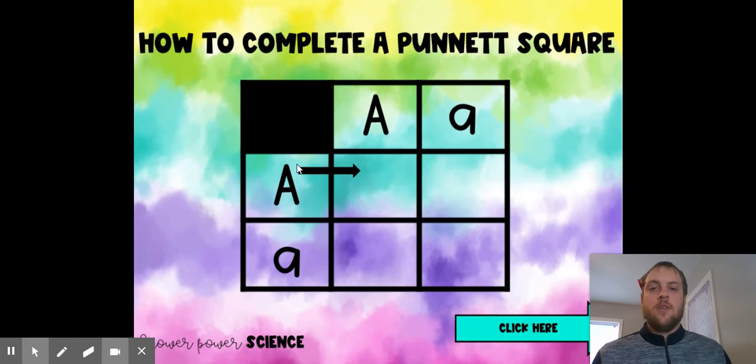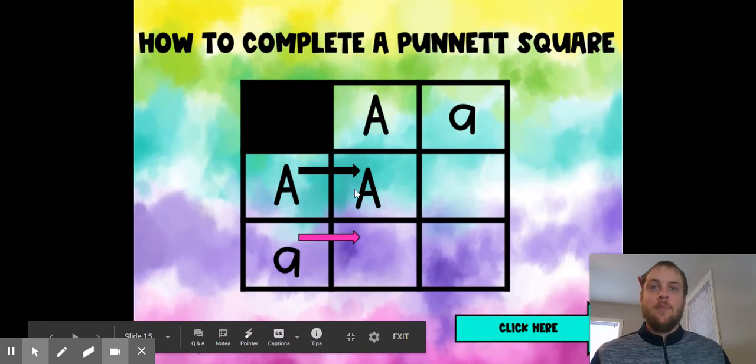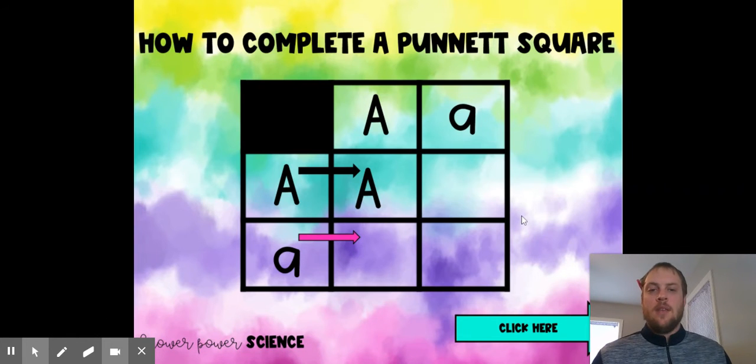You'll take this first letter, this capital A, this big A, and fill it into this first box here. Now we're going to look at this bottom letter, this lowercase, little a, and do the same thing: move it into that empty box in the middle.